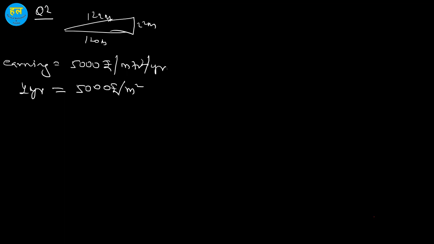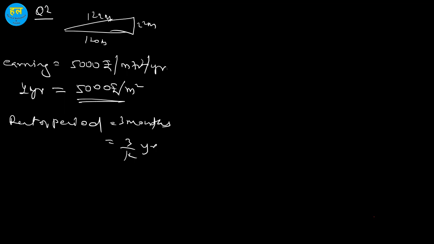So we have to find the area of this triangle. And for how much time is the company using the wall? The company is using the wall for 3 months. That means 3 months is equal to 3 upon 12 year, so it will be 1 upon 4 year. Since the price is given per year, we have to change the period into years.